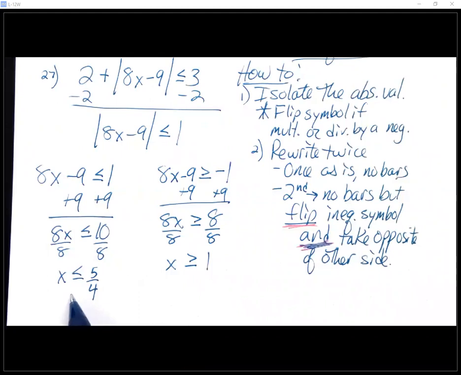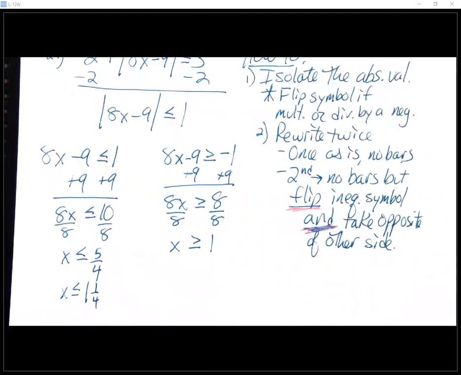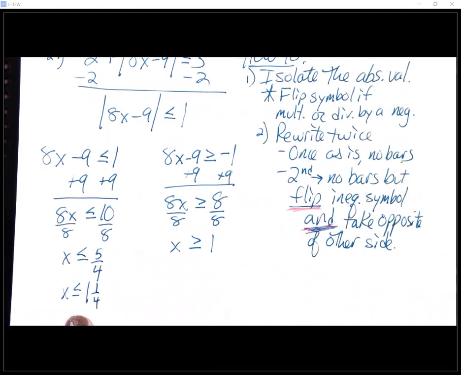Let's change 5/4 to a mixed number. That might help. Isn't that just 1 1/4? So same thing, x is less than or equal to 1 1/4. So could you have numbers that are greater than 1 and less than 1 1/4 at the same time? Yeah, right? Like 1 1/8 would be in between those two. There are numbers that are bigger than 1 and less than 1 1/4, right?